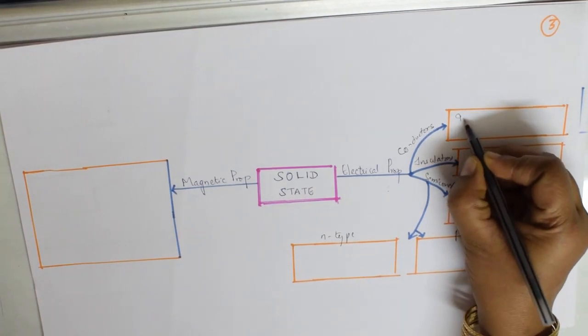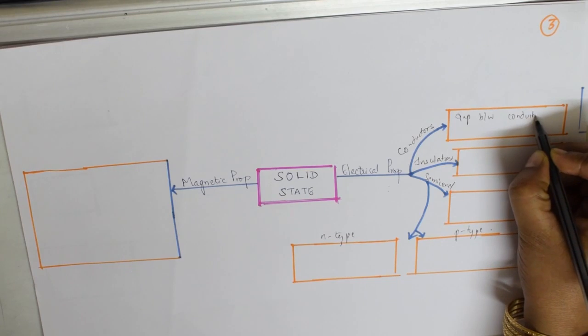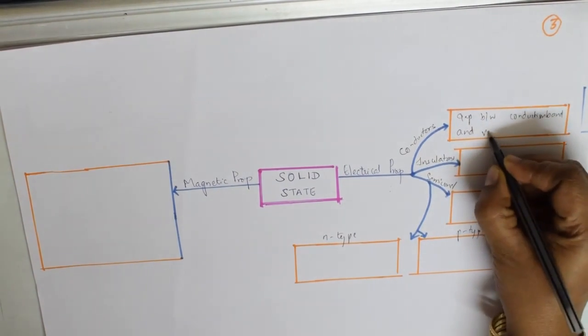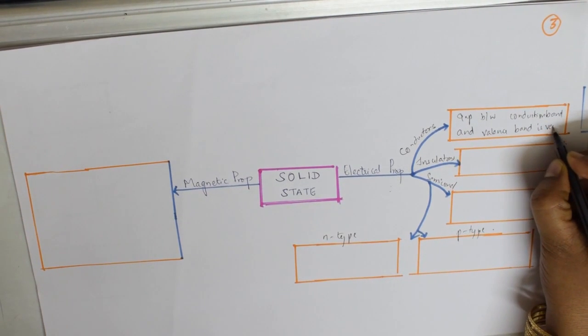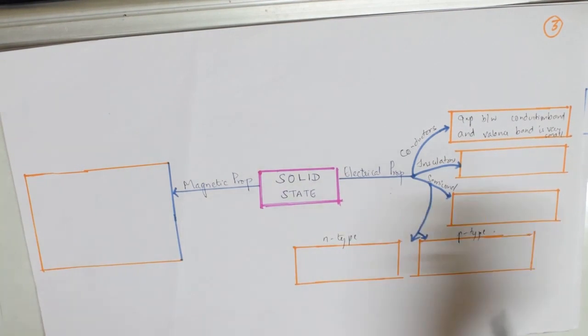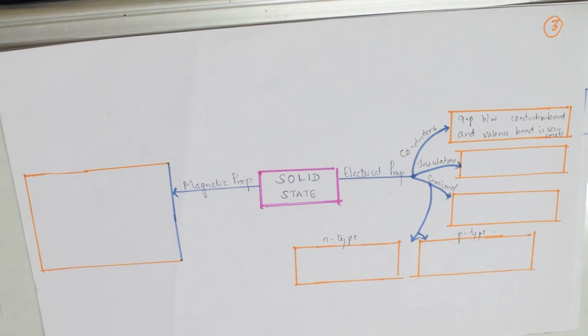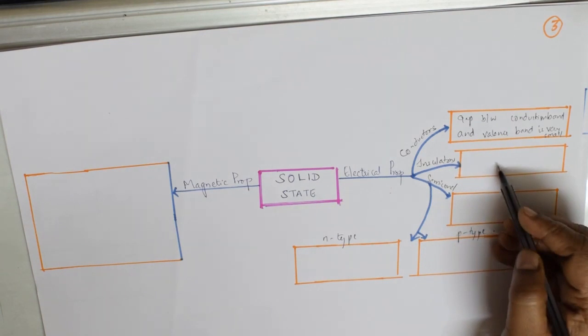So let us write: gap between conduction band and valence band is very small. If I have to take the examples of conductors, aluminium, which conducts current, that's why we are using it in the form of wires. Copper, yes.